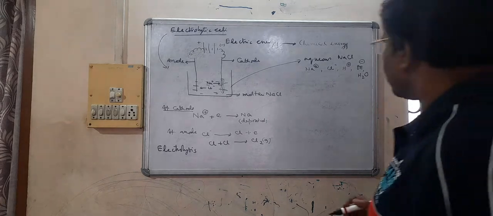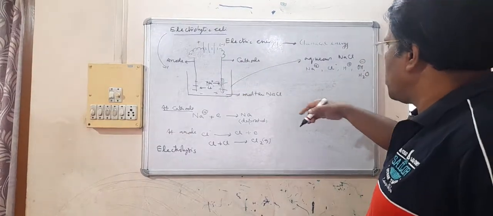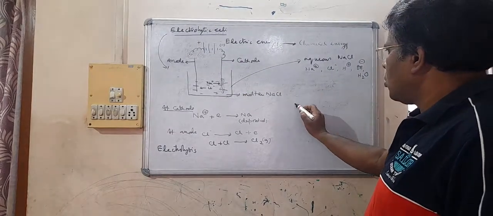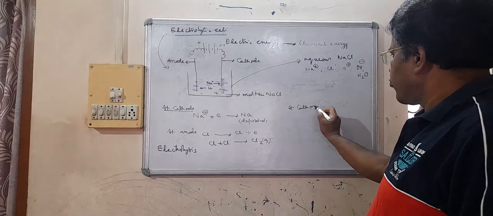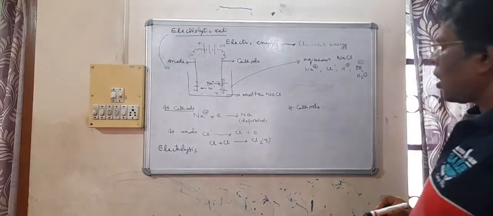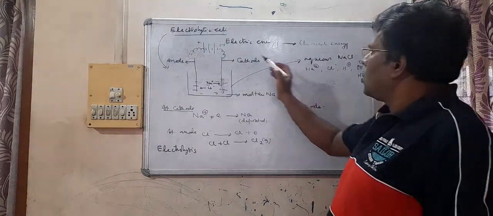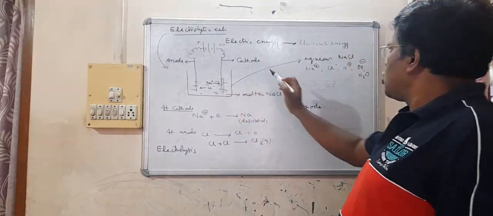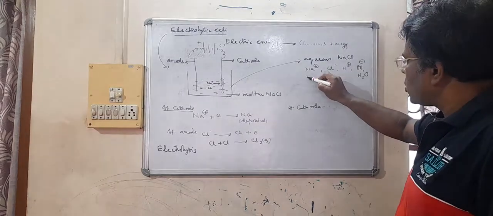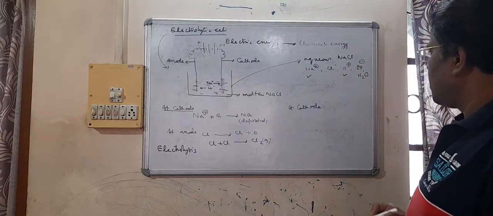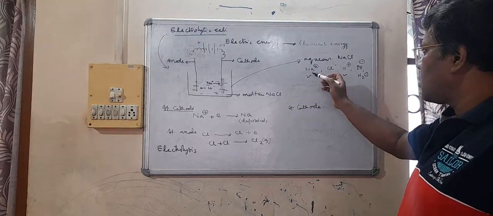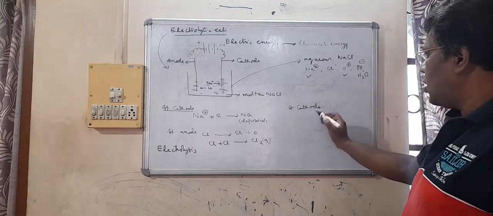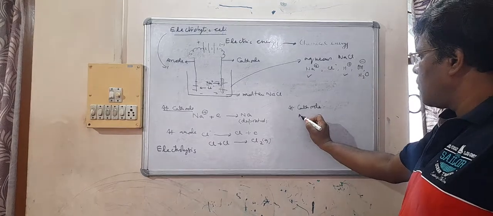Now what is going to happen at the cathode? At the cathode, we know positive ions migrate towards the cathode. So this is a positive ion, this is a positive ion, and either can react. Let me write down both possibilities.